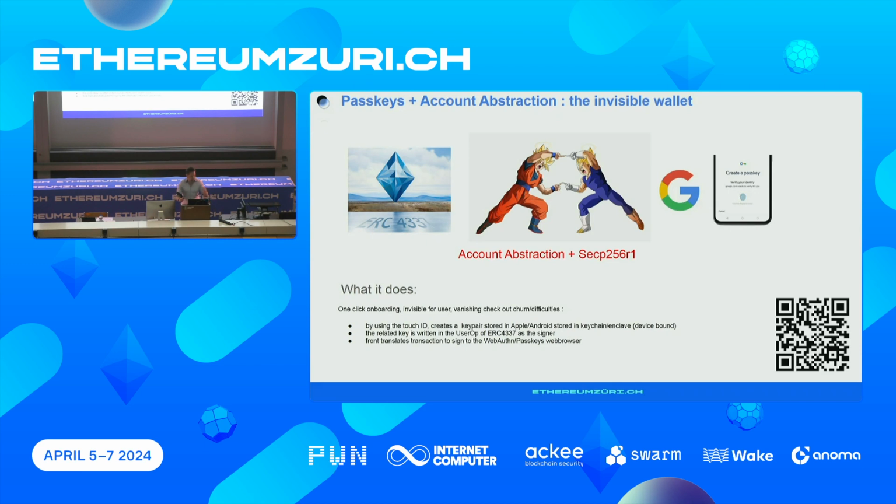It's actually a secure element. And the related public key is pushed to the user of ERC 4337 as your signer. And there is a little front end that translates the transaction from the passkey API to the on-chain.